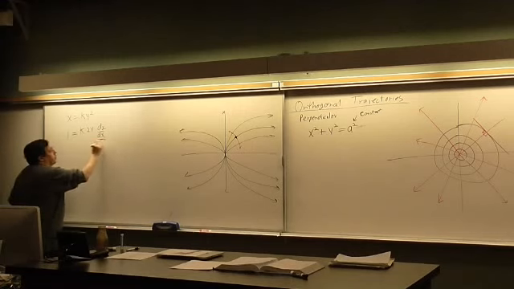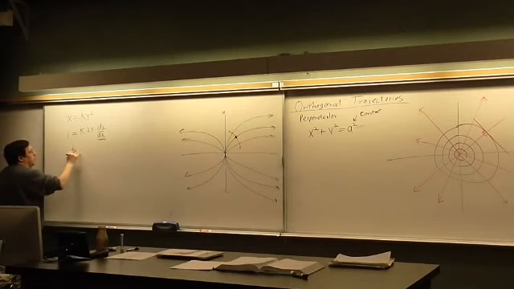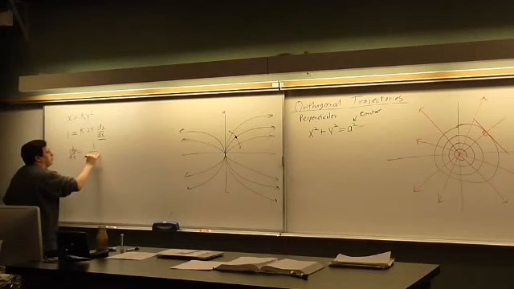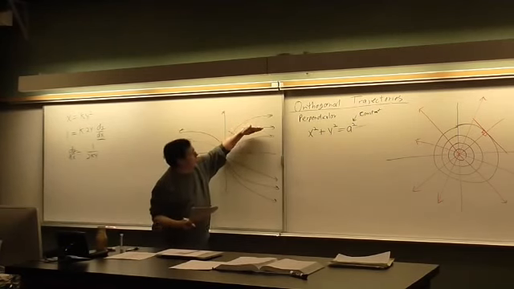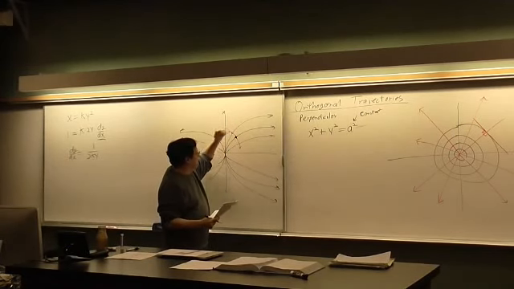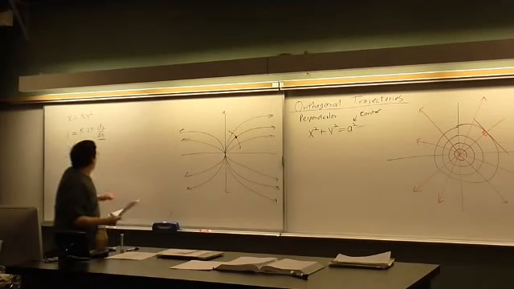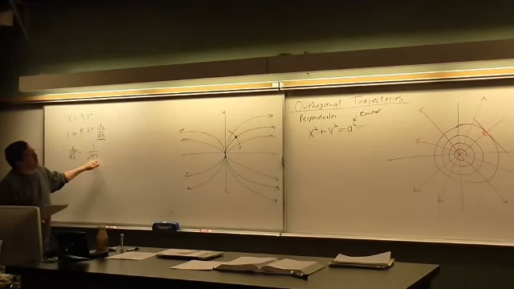So now I can solve for dy dx. dy dx is just equal to 1 over 2ky. That tells me the slope at every point, given the y coordinate.